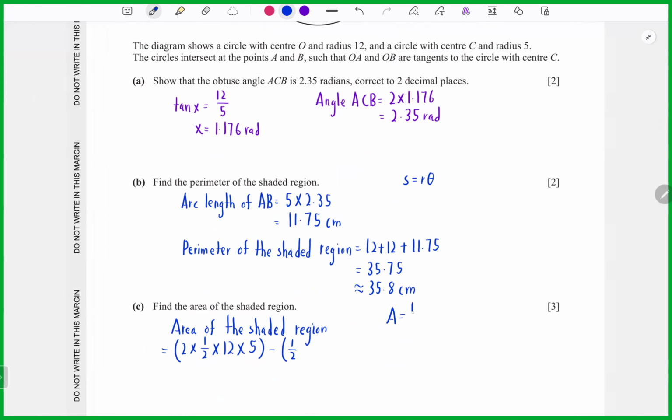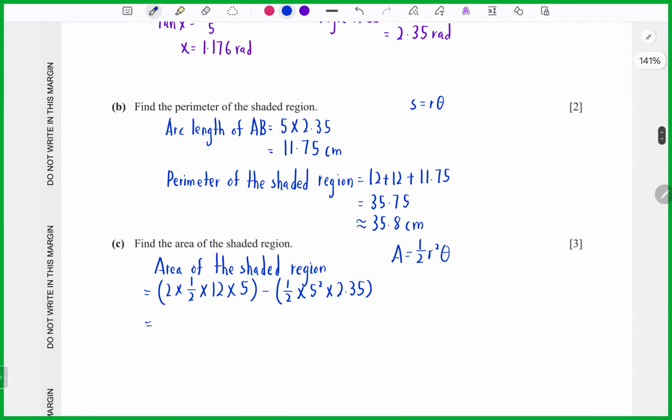We know the area of a sector is 1 over 2 r squared theta, so 1 over 2 multiplied by 5 squared multiplied by 2.35. 12 multiplied by 5 gives 60, minus 29.375, you will get 30.625... The answer in 3 significant figures is 13.6 cm squared. I hope you can get it.